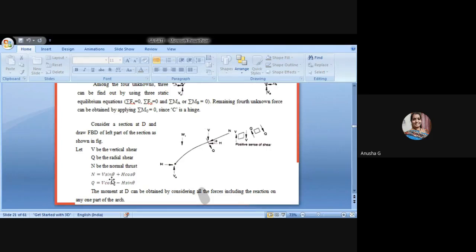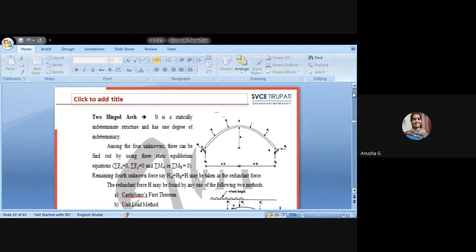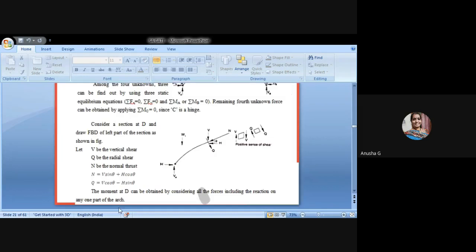Normal thrust N equals V sin theta plus H cos theta. Radial shear Q equals V cos theta minus H sin theta. Here we can observe the moment at D, obtained by considering all the forces, including the reaction, on any one part of the arch. Then we have to calculate the normal thrust and horizontal reaction formulas.